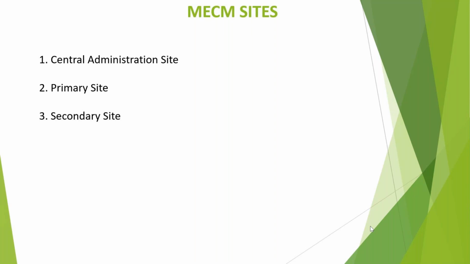It has to be on Windows operating system. Which operating system is supported? Windows Server 2012 or greater. So you can install it on either 2012, 2012 R2, 2016, 2019, or 2022.